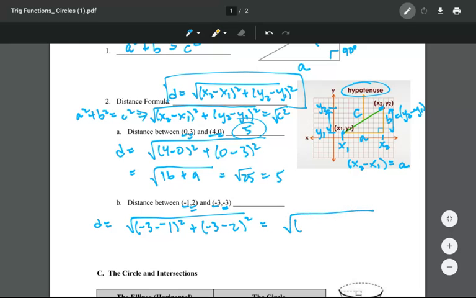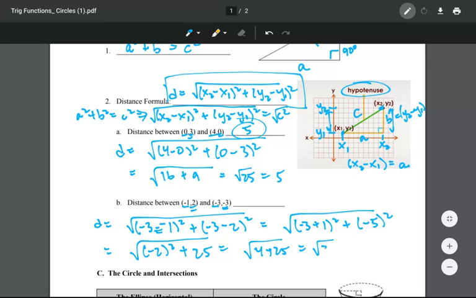Cleaning this up, I get negative 3, those 2 negatives are going to become plus 1, squared, plus negative 5 squared. Negative 3 plus 1, that's negative 2 squared, plus negative 5 squared is 25. So I get 4 plus 25, and we get the square root of 29.